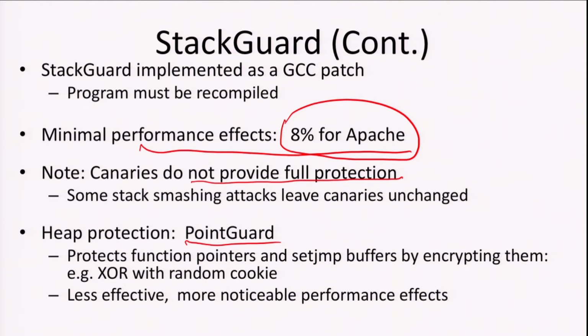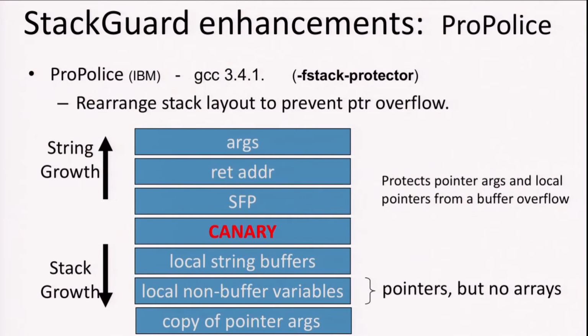So you have to do something else, and there is another system called PointGuard that was designed to protect function pointers and setjmp buffers and so on by encrypting them, XORing with a random string, and in this case the effect on performance seems to be high.